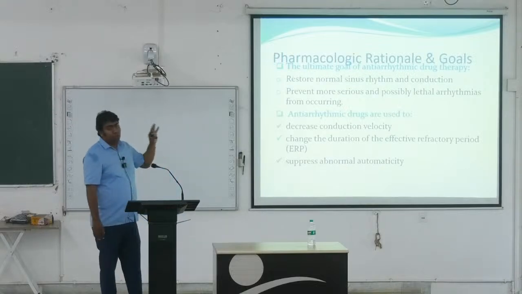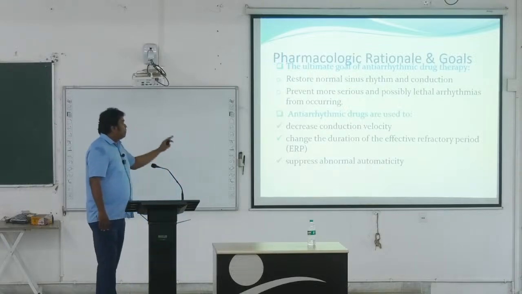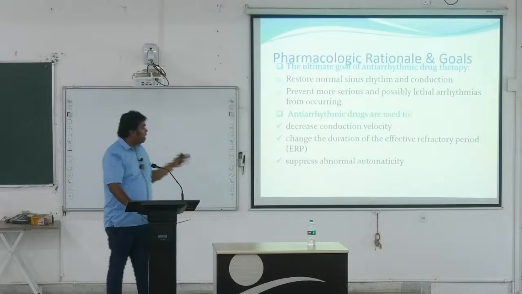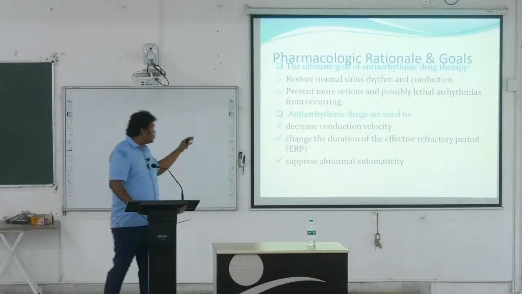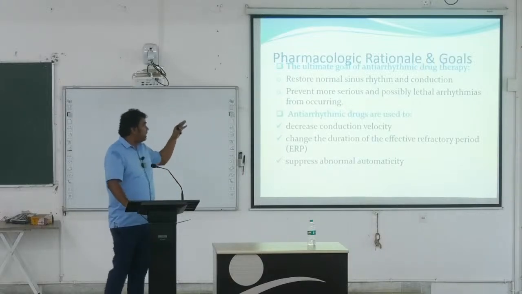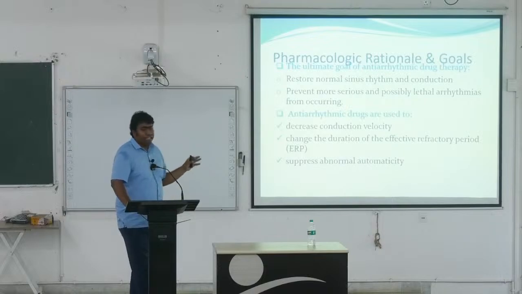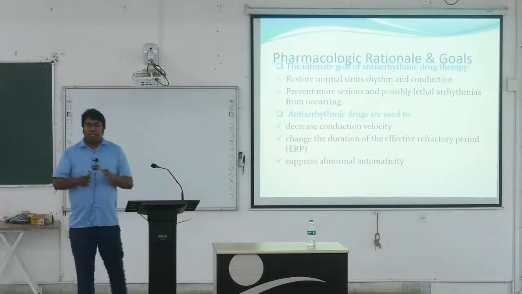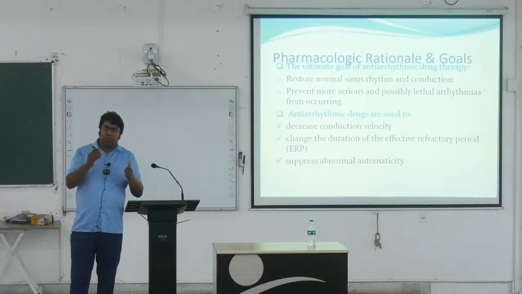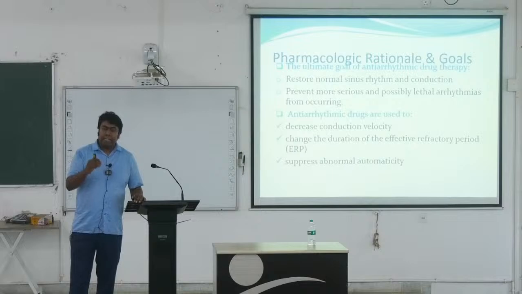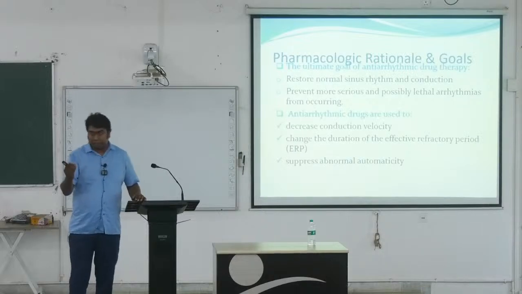Pharmacological rationale and goals for arrhythmias. First one is to restore rhythm and conduction abnormality to normal. Next one, prevent serious and possibly lethal arrhythmias from occurring. That means, if there is an atrial flutter, we try to reduce conduction to the ventricle so that there should not be any ventricular arrhythmia.